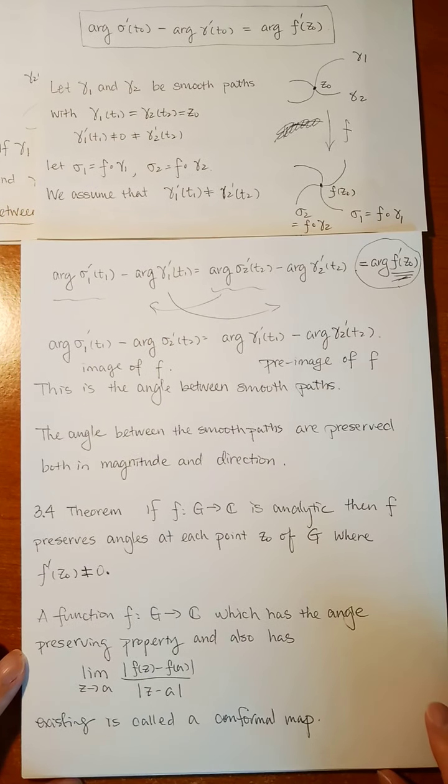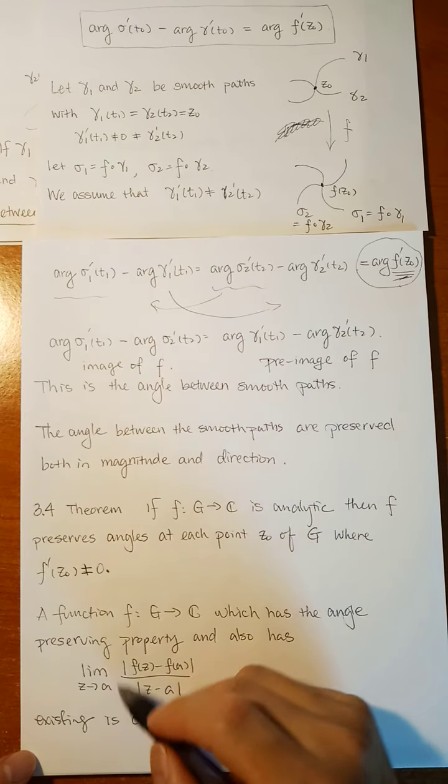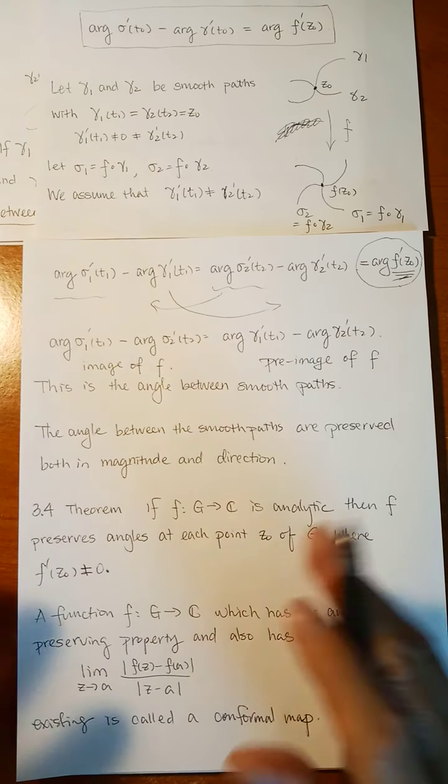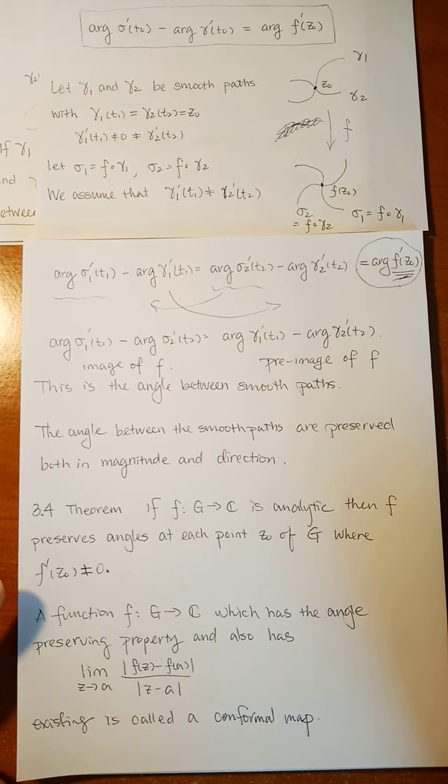Okay, so that's a definition: angle preserving plus existence of this limit, the limit of the magnitude ratio exists.